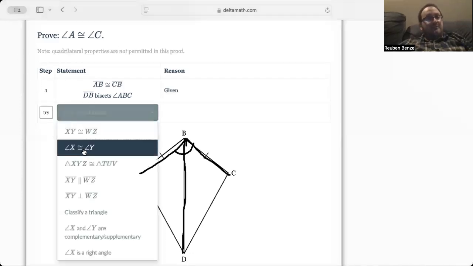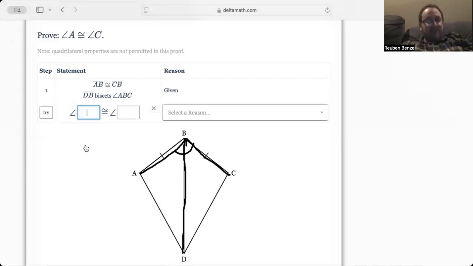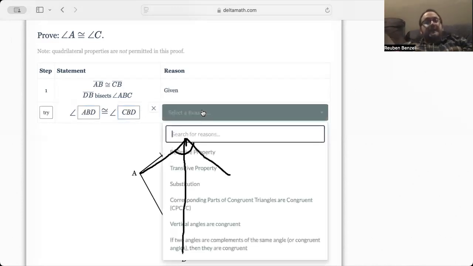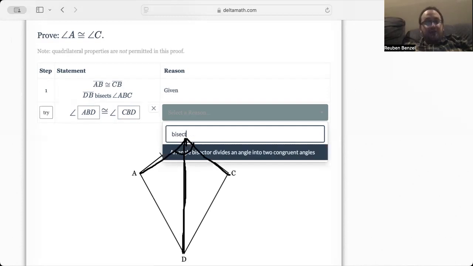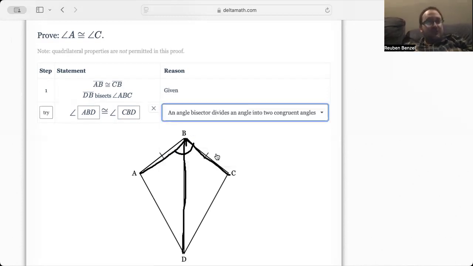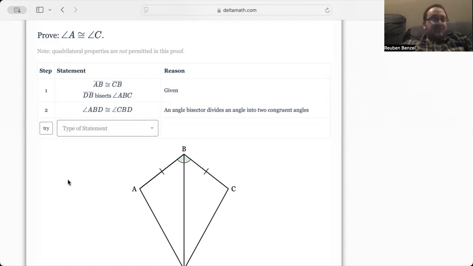And if angles are congruent, I choose the second option to show that two angles are congruent. So I'm going to say that ABD and CBD are congruent. And one of my favorite hacks is that if we have an academic vocabulary word like bisects, well, guess what? It actually says an angle bisector divides an angle into two congruent angles. Clear this. There we go.